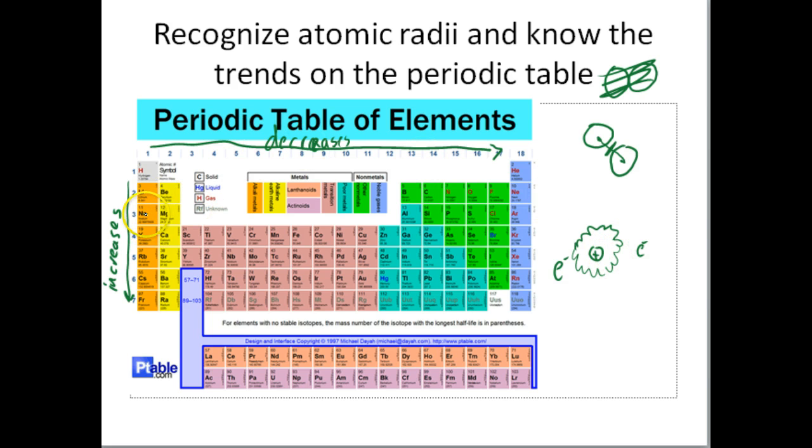So you're getting a larger pull, a stronger force from the nucleus, but you're not getting any other electrons blocking the pull on these valence electrons. So that stronger pull is able to grab on and cause these valence electrons to get a little bit closer to the nucleus each time, actually causing the radius to decrease as you go across a period.